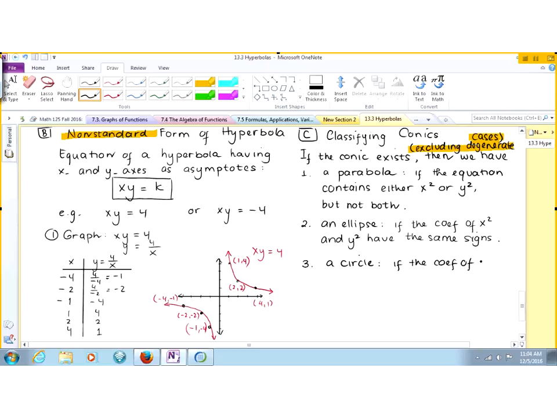So if the coefficient of x squared is equal to, well, maybe let me just write the equal sign, maybe better for you. Exactly the same as the coefficient of y squared. Right? Now, number 4, when is it a hyperbola?